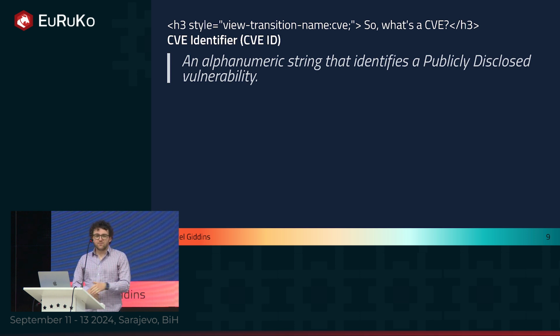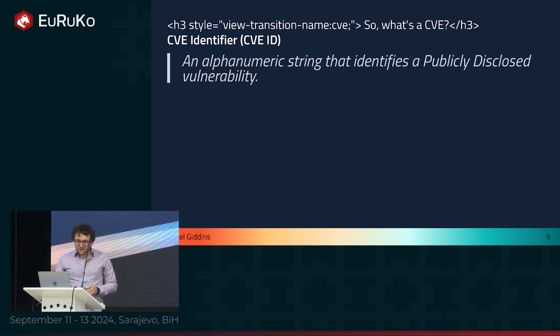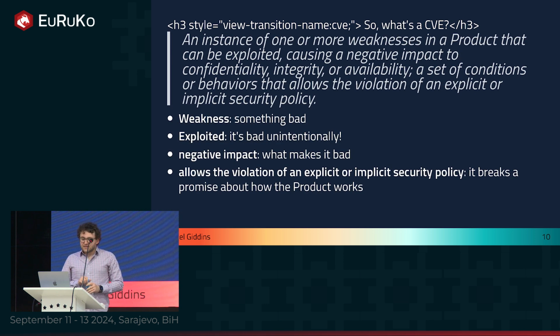And colloquially, we security people refer to individual vulnerabilities as a CVE. What is it? It's an instance of one or more weaknesses, aka something bad, in a product, aka a piece of software, that can be exploited. So something bad can unintentionally happen, causing a negative impact to confidentiality, integrity, or availability. The negative impact is the thing that makes it bad.